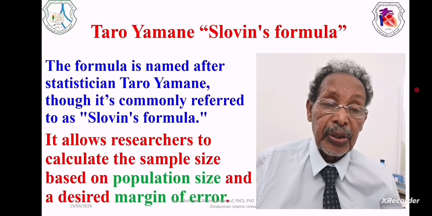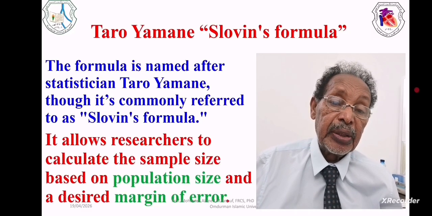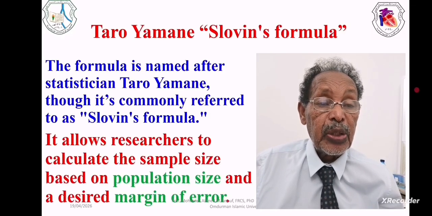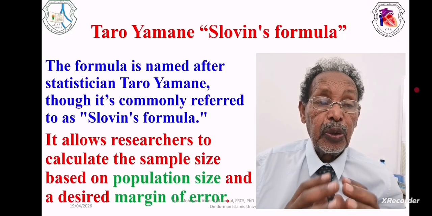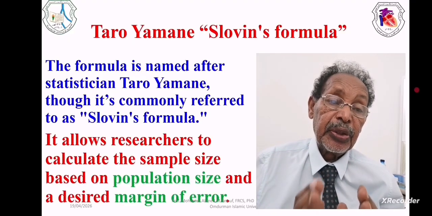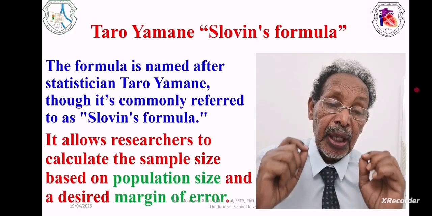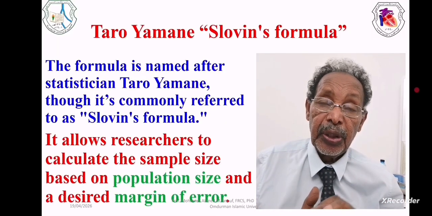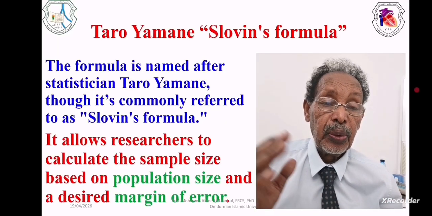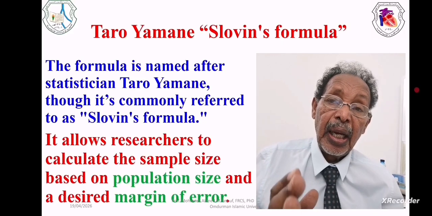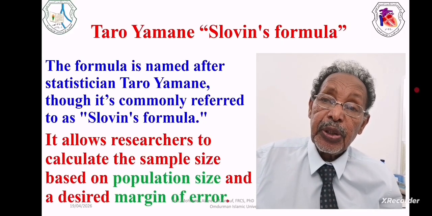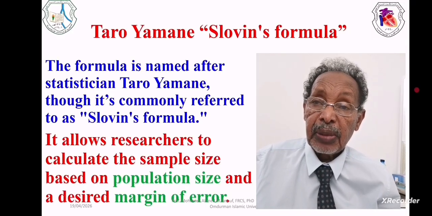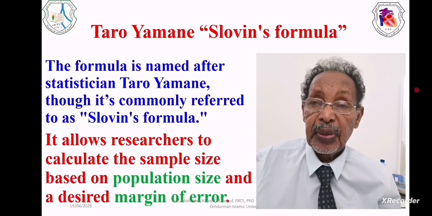It allows the researchers to calculate the sample size based on a known population size. The most important thing is that the population size should be known. And we can get the population size when we go to the medical record and ask how many patients were admitted last year, in 12 months or in 6 months, about any specific disease.